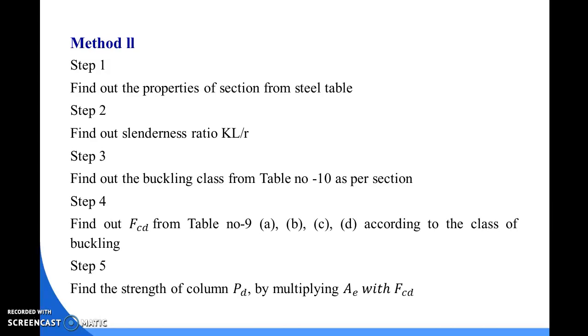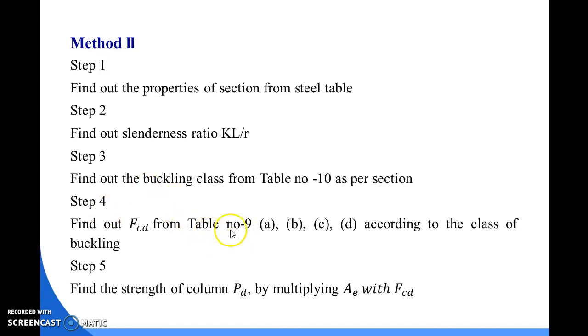Then from step 3, which is finding out the buckling class from table number 10, comes the next step, which is step 4. As per the buckling class, we can directly put the value of fcd, which we can find out from table number 9.